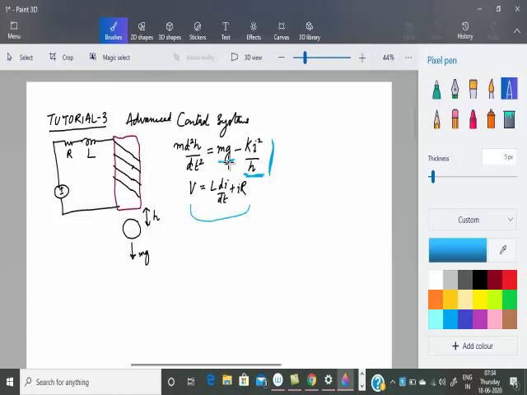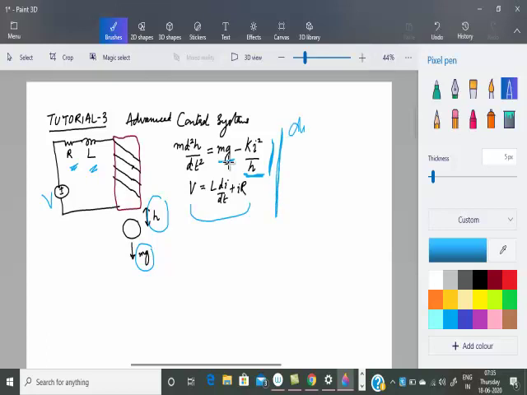And this is the equation of this circuit. So h is the height of the ball, m is the mass of the ball, g is acceleration due to gravity, then resistance, inductance, and the voltage source V. So as you can see, these are the governing equations.